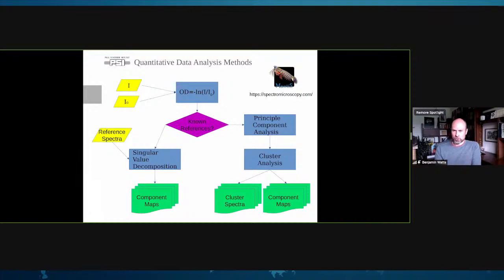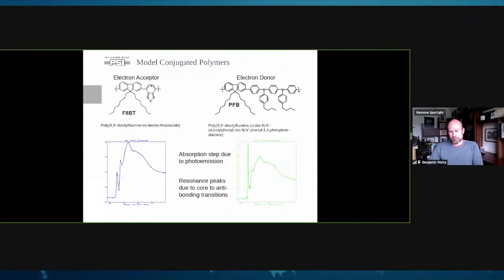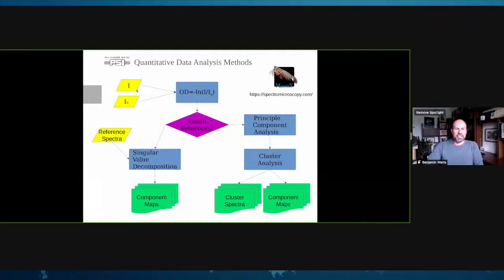So we have a few different methods, and these are implemented in the Mantis program, which you can get at spectromicroscopy.com. So we start with our I and I0 measurements. So the I is the transmission through the sample.